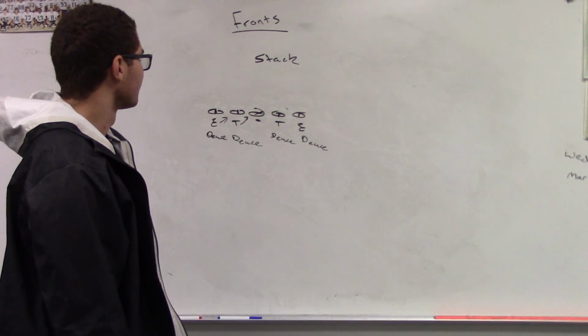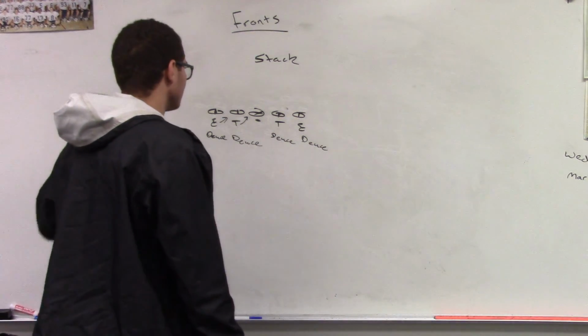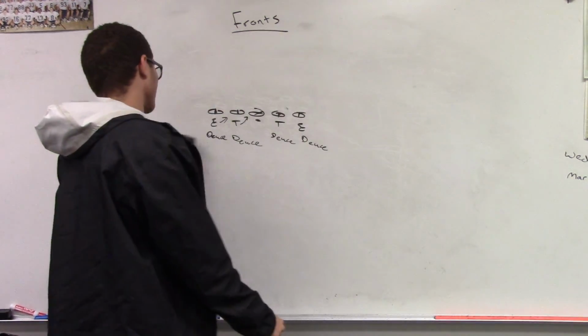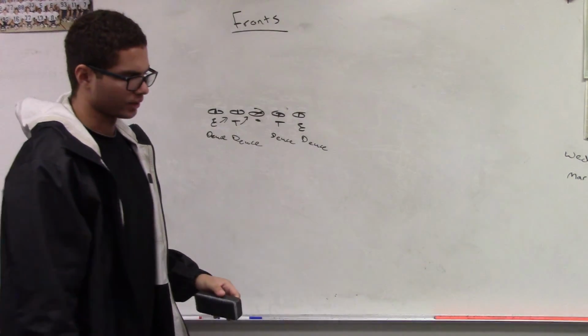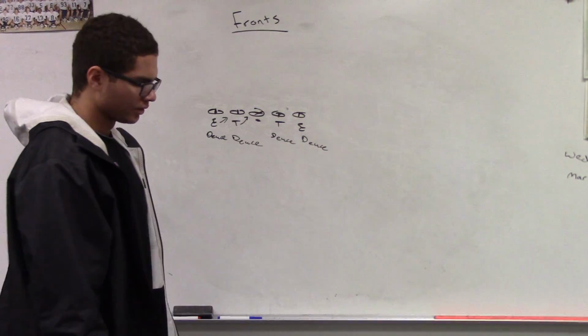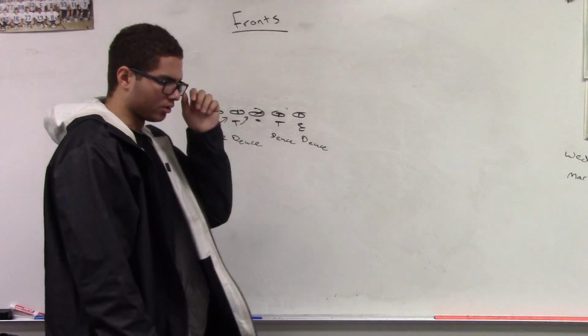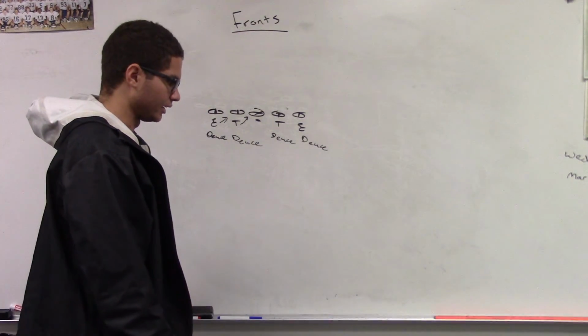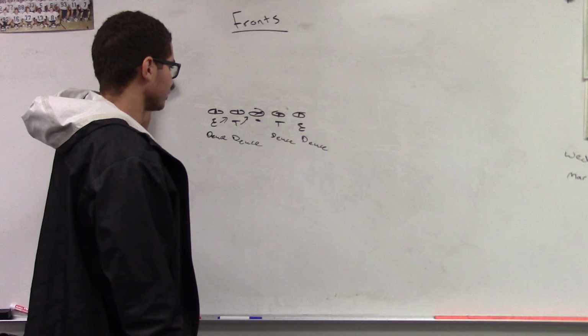That's how we determine whether or not we're a deuce or jet defender in our base defense. Next, we're going to talk about the differences in technique and gap assignments for deuce and jet defenders.